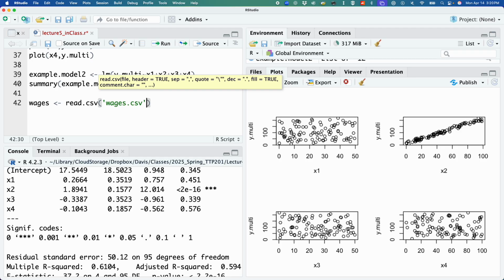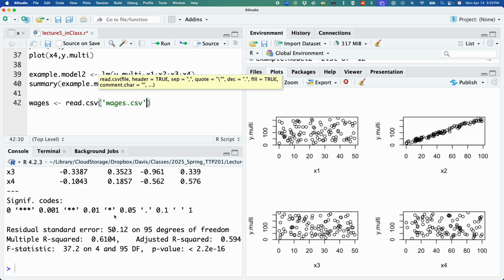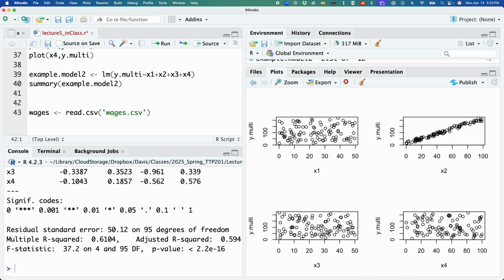I need to talk about working directories for a second. There's a function called getwd, which stands for get working directory. The working directory is the place that you're currently operating in on your computer.